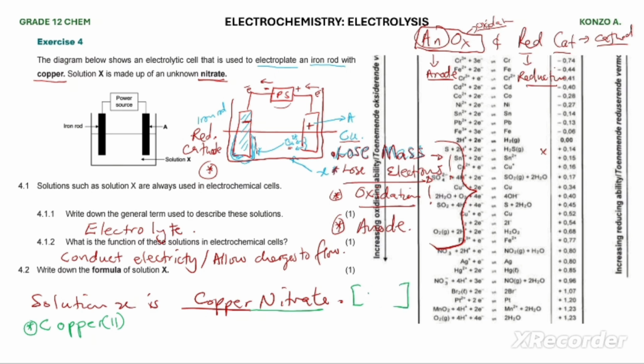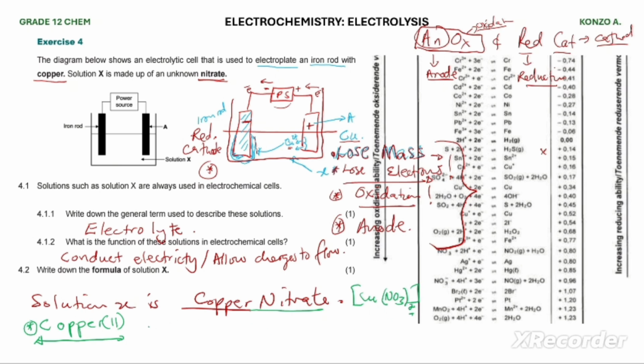So we can write CuNO3 instead of writing the full word. Let's say you didn't want to do that. So the idea of this being copper 2 should come and assist us there, to put a little bit of it too, just in case you forget what copper nitrate is all about.